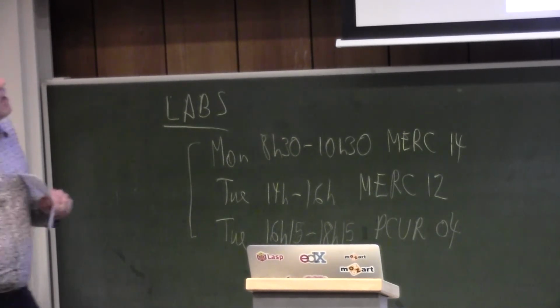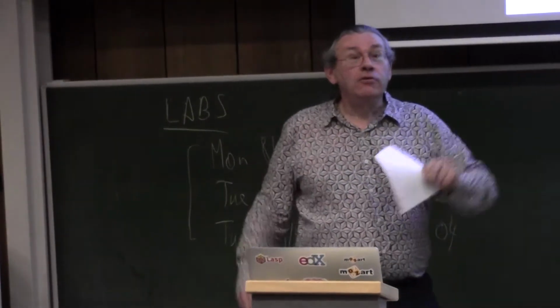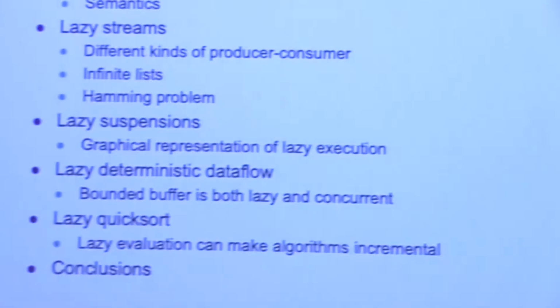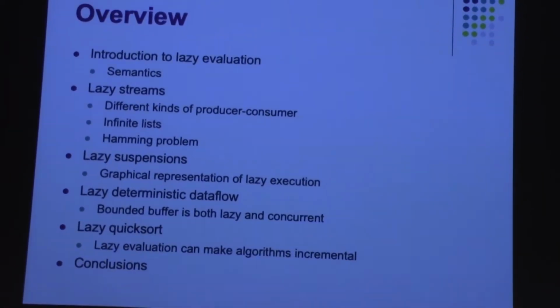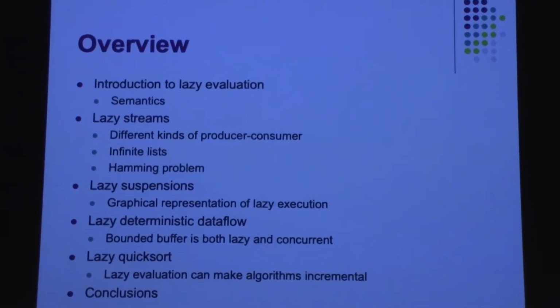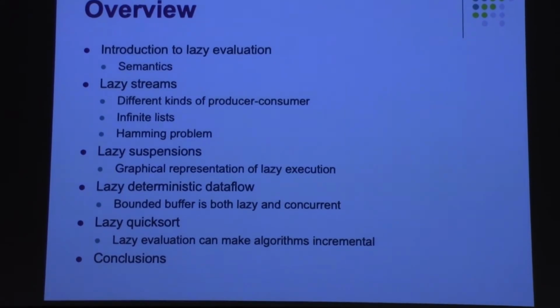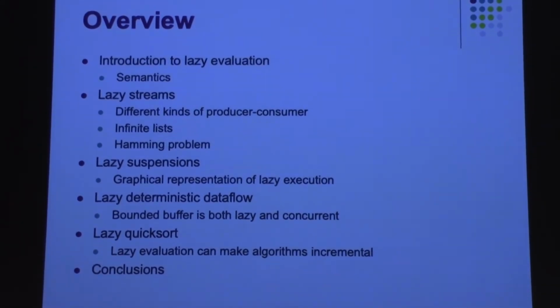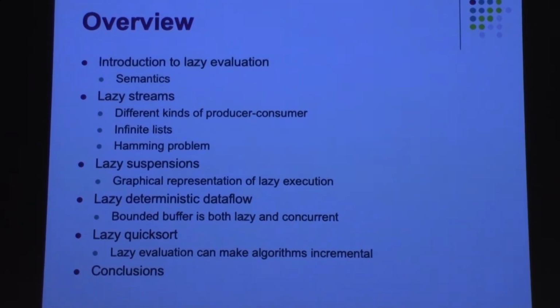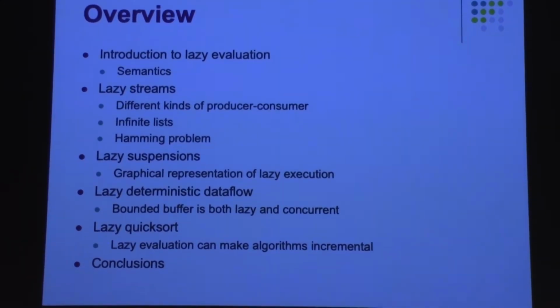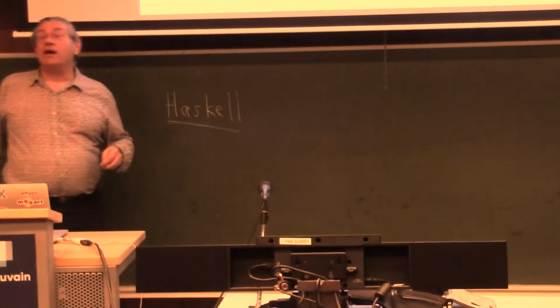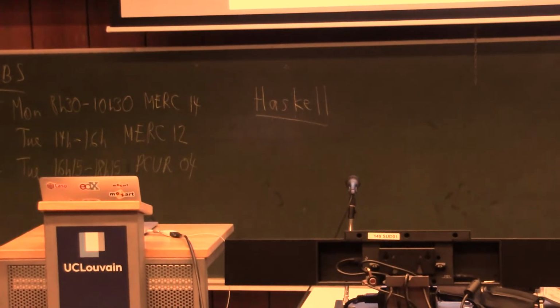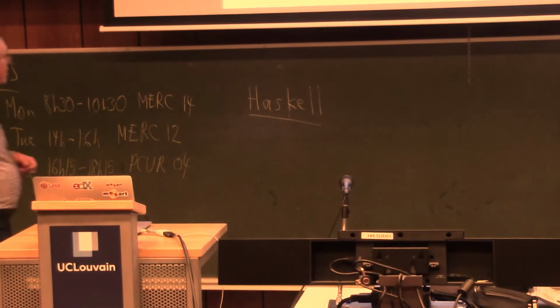Today we're going to talk about a whole new paradigm of functional programming called lazy evaluation, and I'll show you lots of programs. It's a weird and different way of thinking, but it's very powerful. There are languages based on this. The most famous is Haskell, which has a large community of programmers.